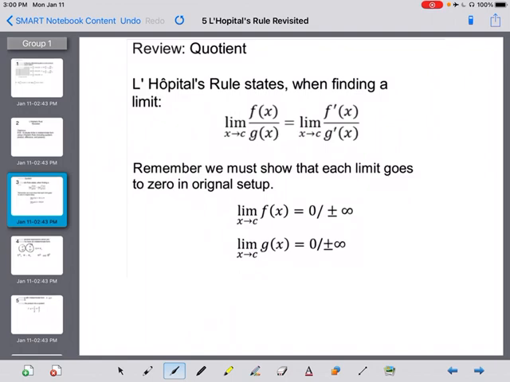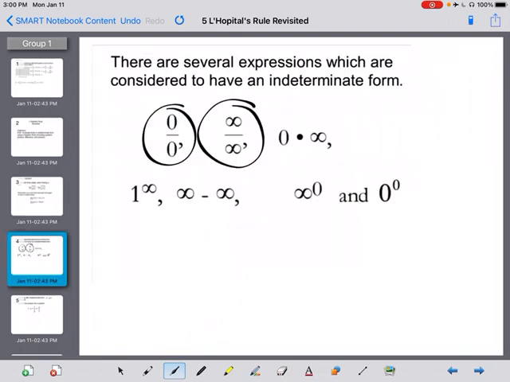What's going to happen today is we're going to be presented some limits where they might not be in our familiar form of 0 over 0 or infinity over infinity. They may come in another form: 0 times infinity, 1 to the infinity, infinity minus infinity, and the ever so popular infinity to the 0 or 0 to the infinity.